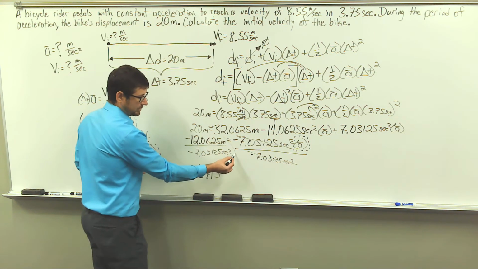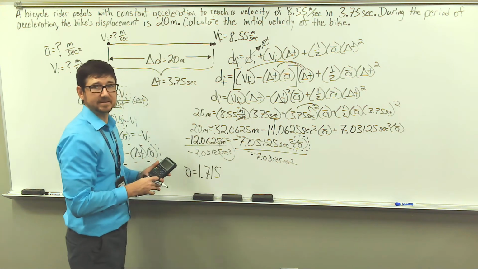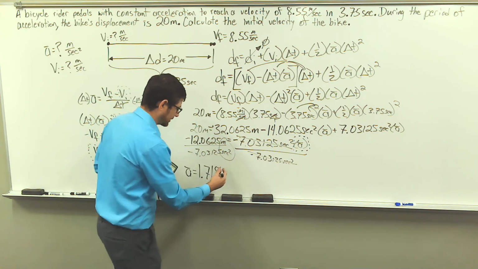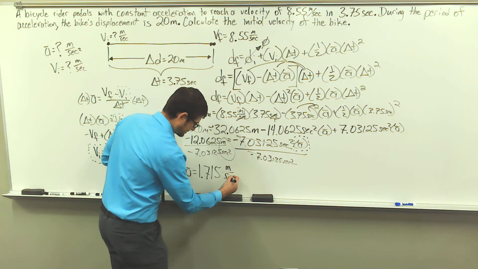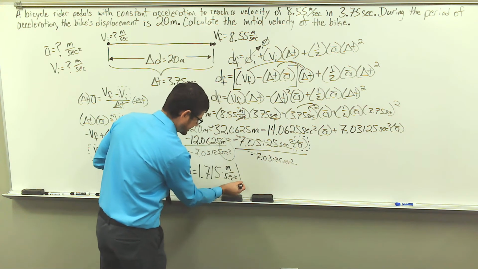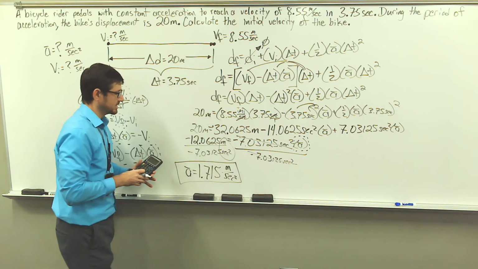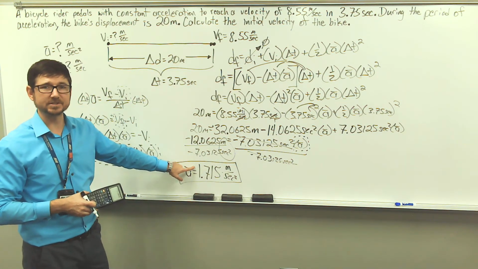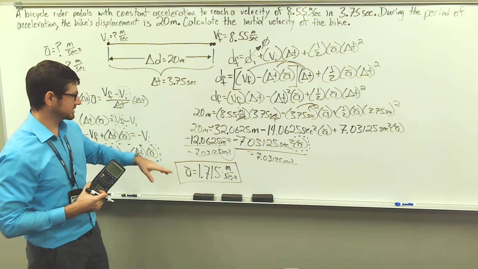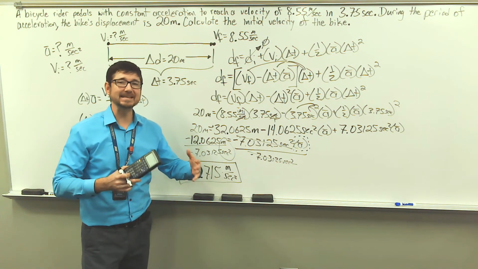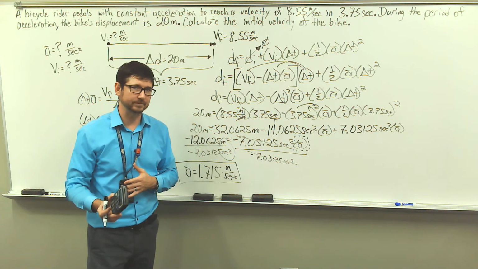And let's take a look at our units. We don't have anything that cancels here. We have units of meters per second squared. Okay? So we have a positive acceleration. And whenever we have a positive acceleration, that means that our final velocity is greater than our initial velocity.